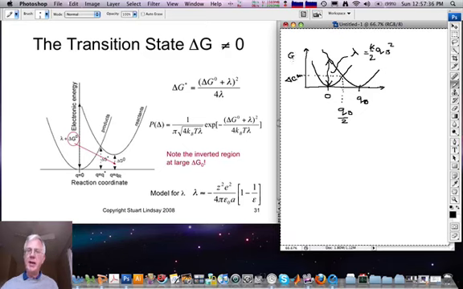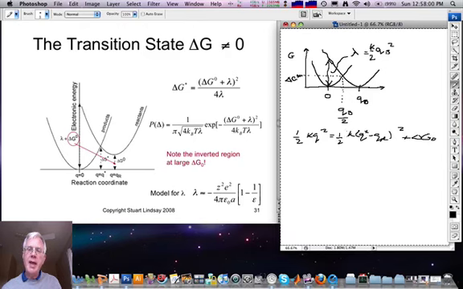And doing this, we say that 1/2 k q squared is equal to 1/2 k (q minus q_R) all squared plus delta G0.